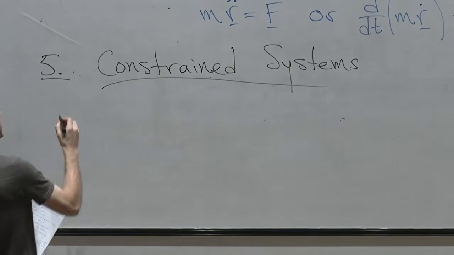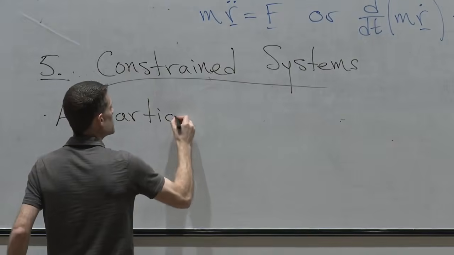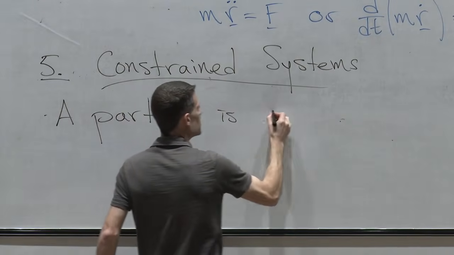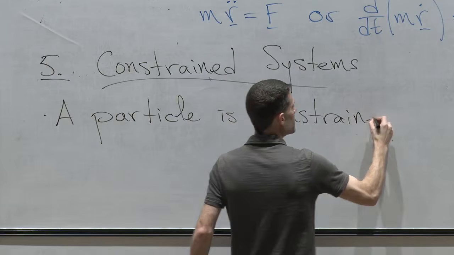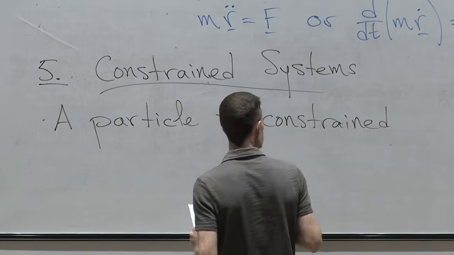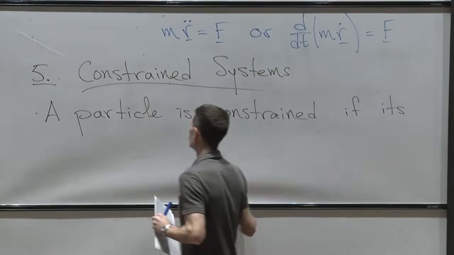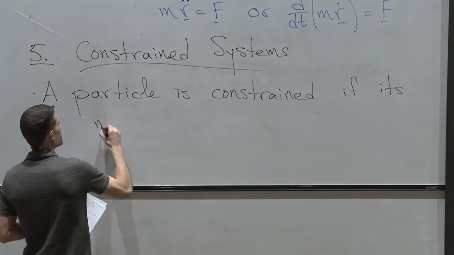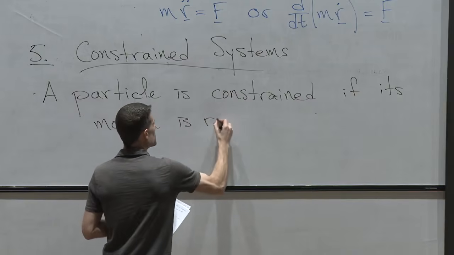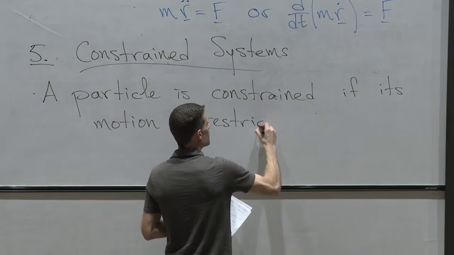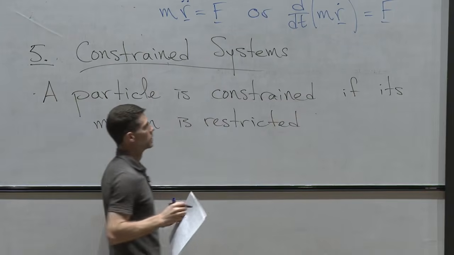So we say a particle is constrained if its motion is restricted to a subset of R3.